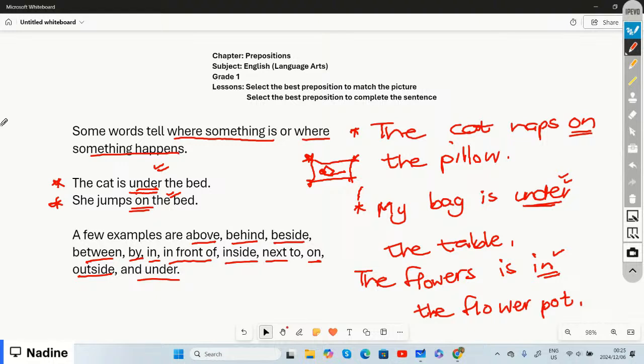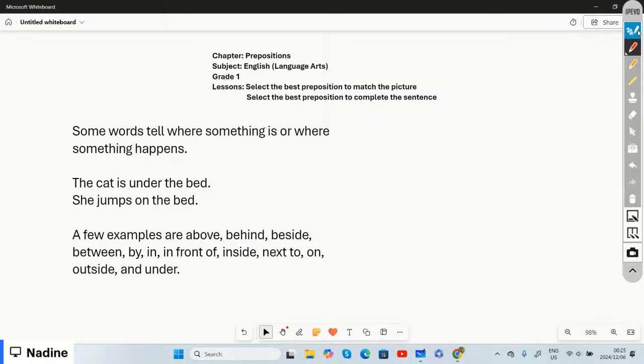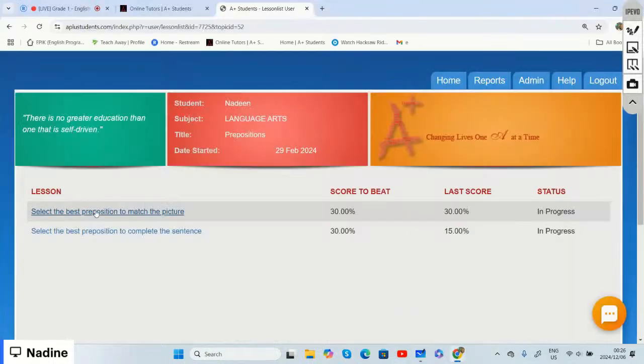We see that our preposition or prepositions are words that tell us where something is or where something happens. And we're going to select the best preposition to match the picture.